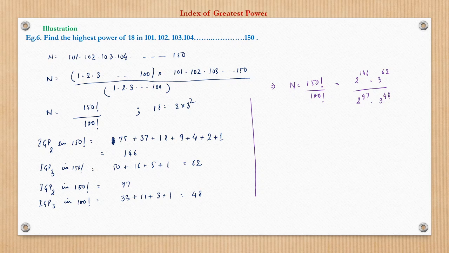So it will be 2 raised to power 49, since 146 minus 97 is 49, and here it would be 62 minus 48, so it becomes 14.